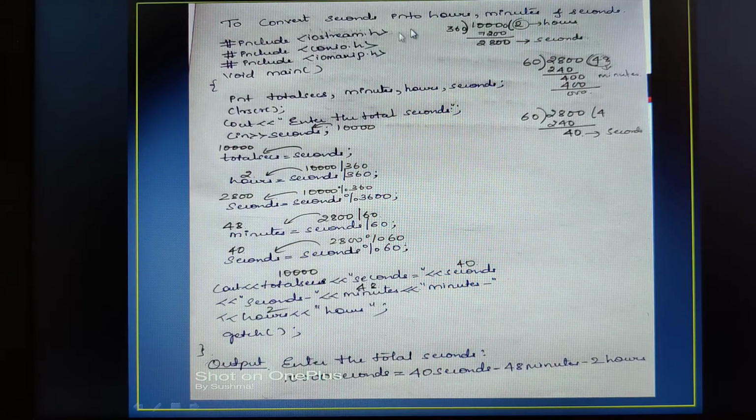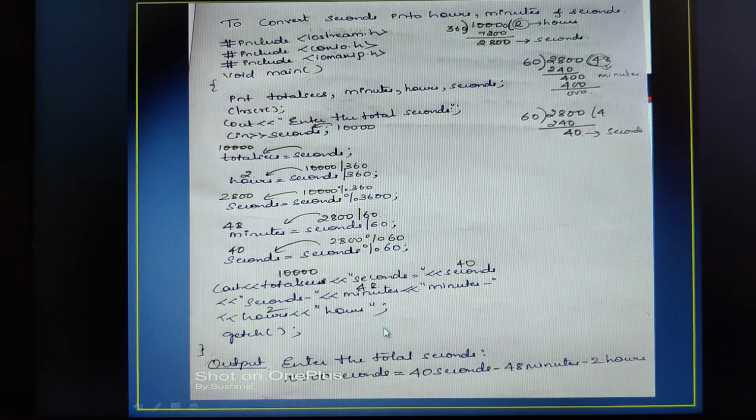Since they are integers, I didn't go further for the division. We have to perform division, so whatever comes as the quotient has to be considered as hours. So 2 is to be considered as hours. Then what is my next step? Seconds mod 3600.